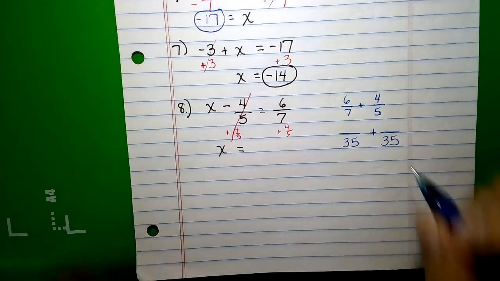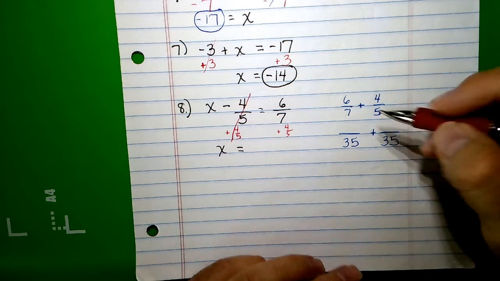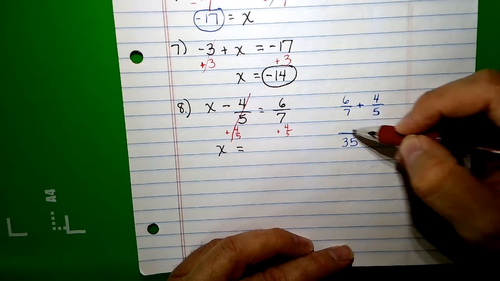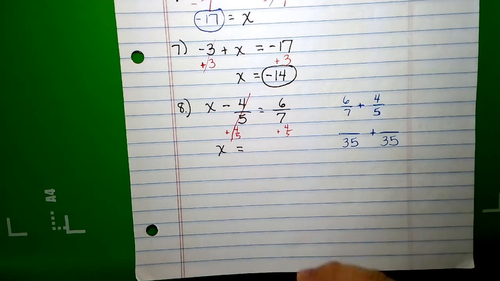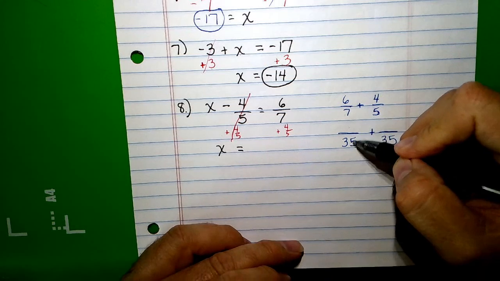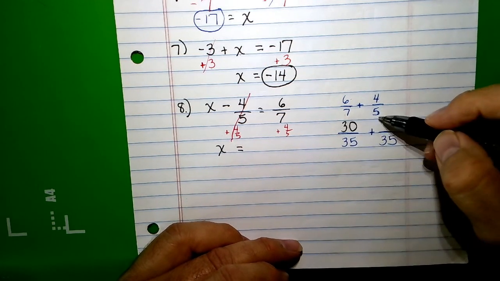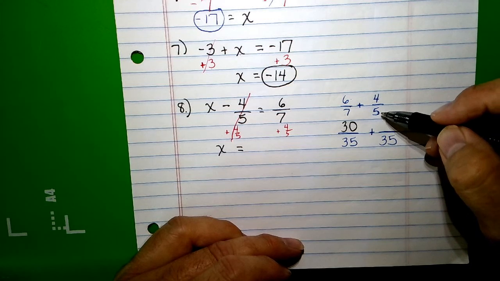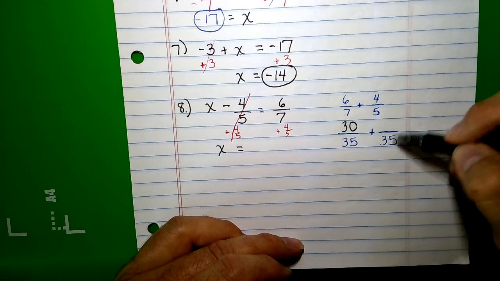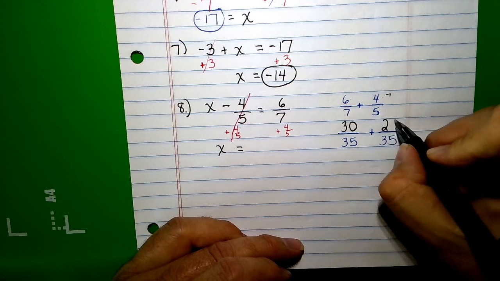So 35 would be the common denominator. And y'all remember how to do this? How to get the top here? We're building equivalent fractions. 7 goes into 35 5 times. 6 times 5 is 30. 5 goes into 35 7 times. 4 times 7, 28.